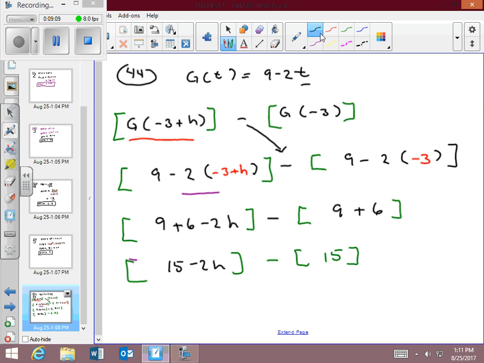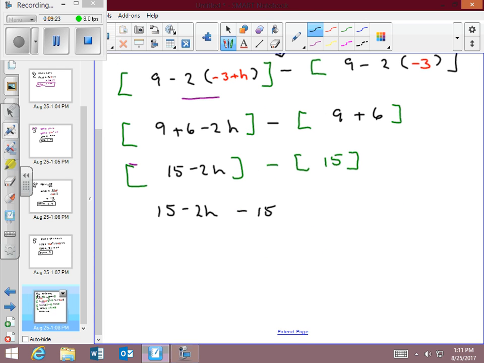So then I drop the brackets. 15 minus 2h. Now that minus, that bracketed plus 15 is a minus 15. And plus 15 minus 15 is 0, so this is minus 2h. So that function evaluates to that.